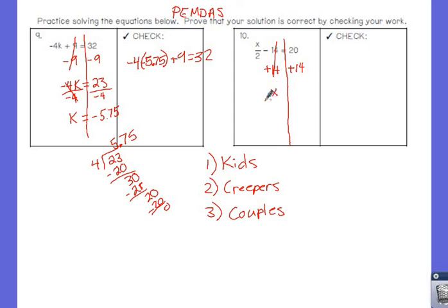I'm left with an adult with a creeper, and that equals 34. Kids are now safe. Now, do I have any more kids? No. Any creepers? Yes. I need to multiply by 2. x equals 68.